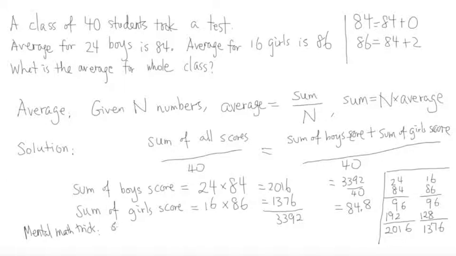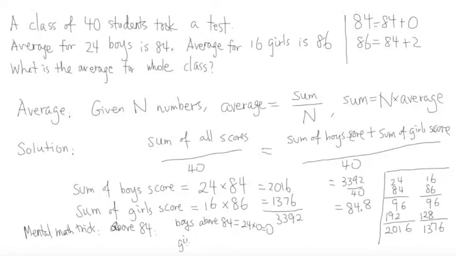Okay, so we basically look at the score above 84. Above 84, now what happens? Well, the sum of the boys' scores above 84 is 0, because the average is 84, so it's 24 times 0, which is 0.